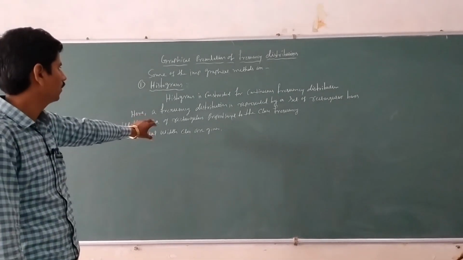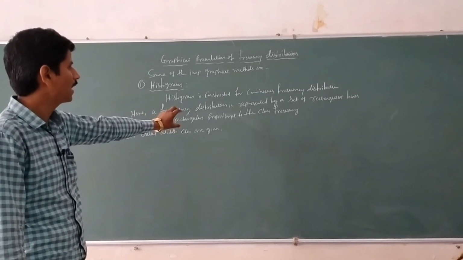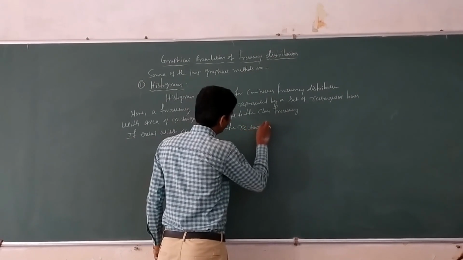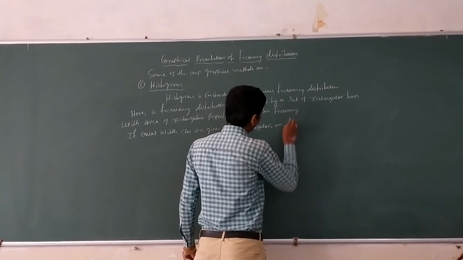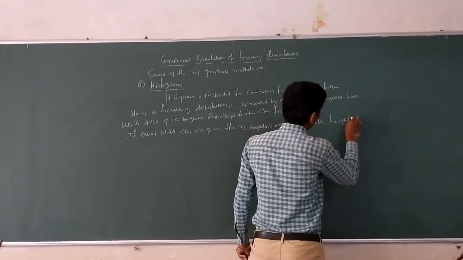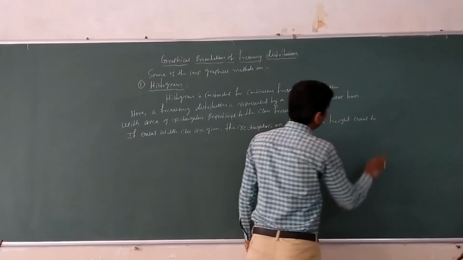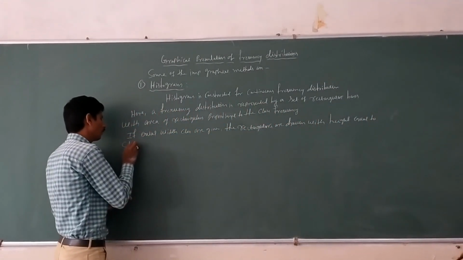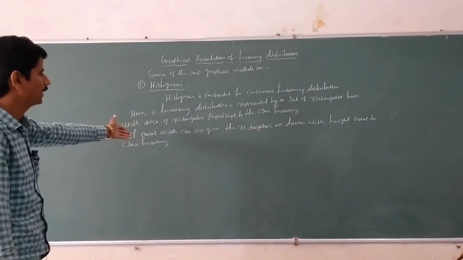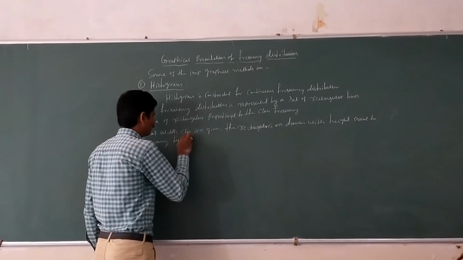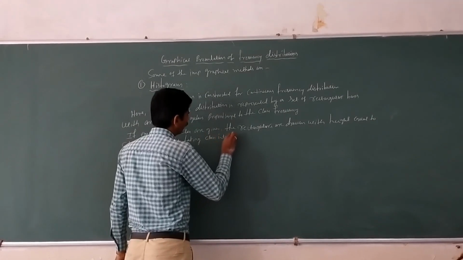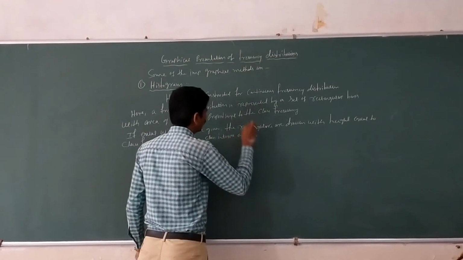That is, if equal width classes are given, the rectangles are drawn with height equal to the class frequency, by taking class intervals as the basis. See, here listen.